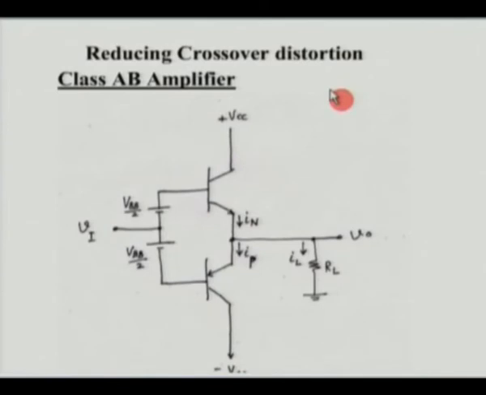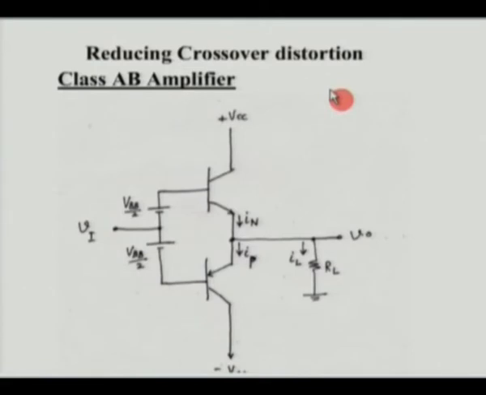The class A amplifier was very good from the point of view of distortion. It had no distortion because it conducted throughout the period, but unfortunately it has only 25% efficiency, while a class B amplifier was very efficient.